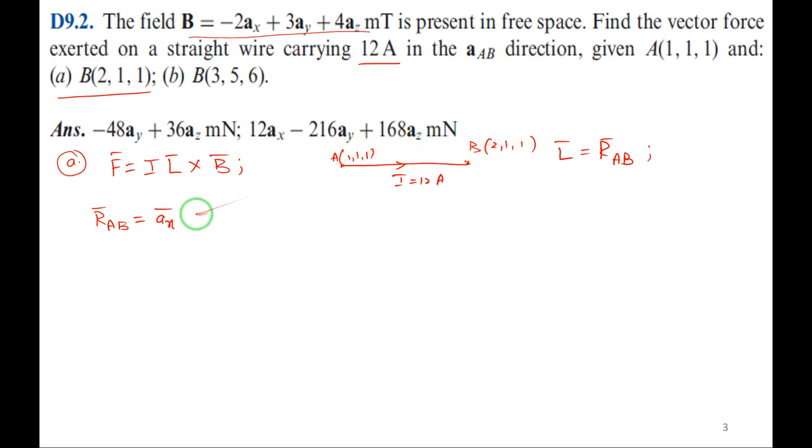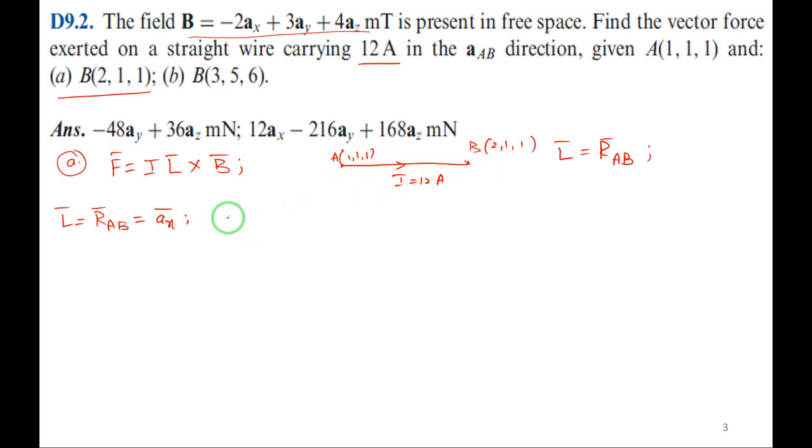So I get RAB equal to AX. This is my L vector, so the magnitude of L is 1 meter, and the direction is in the x direction.